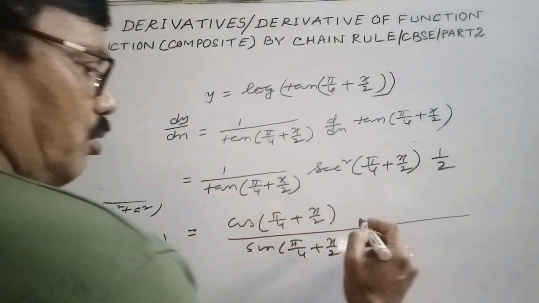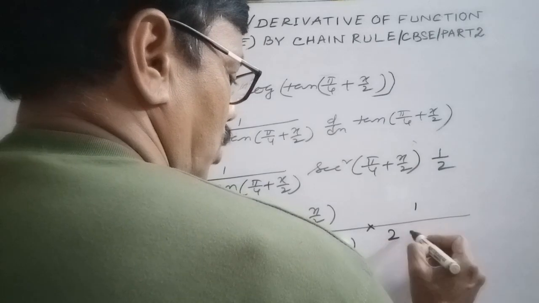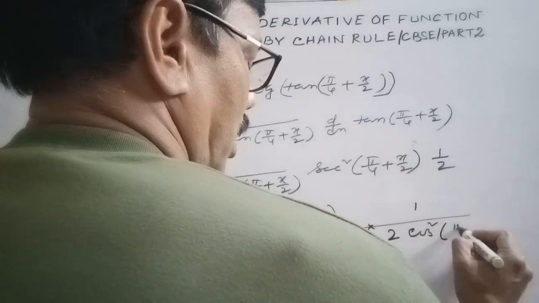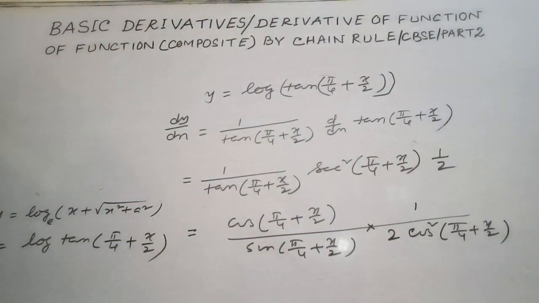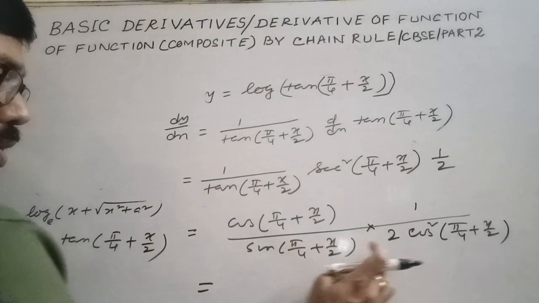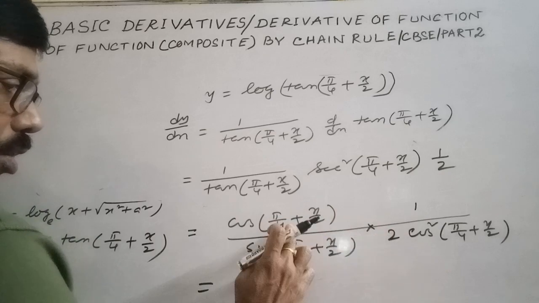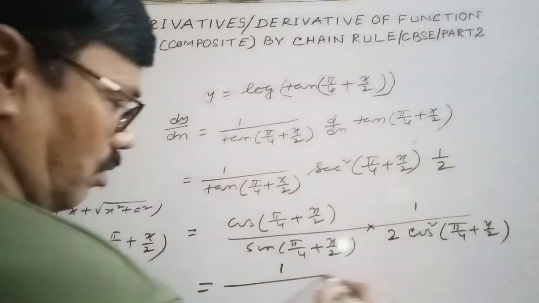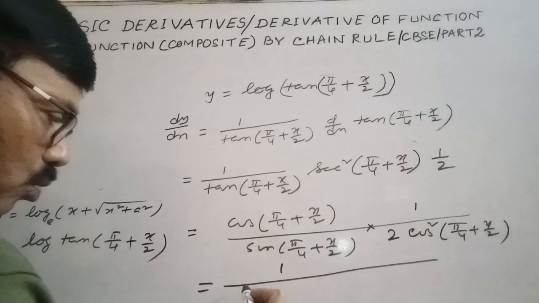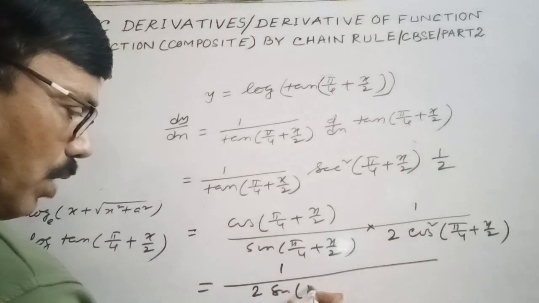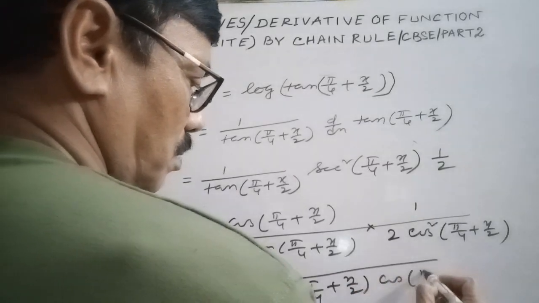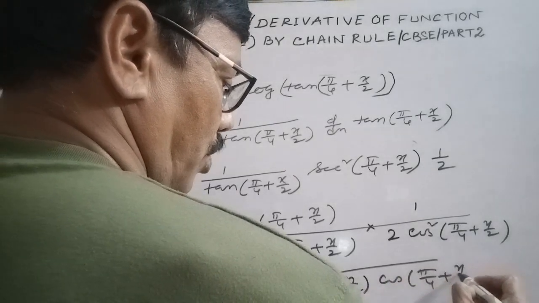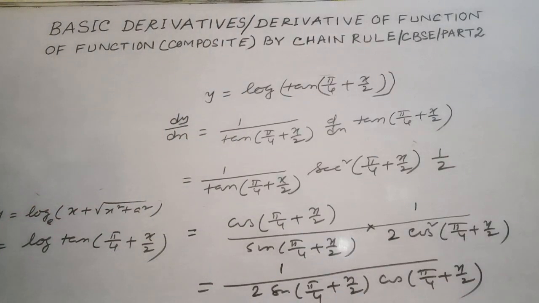So cos will be at the numerator and 1 by 2 into cos square pi by 4 plus x by 2. So 1 cos will be cancelled out. So finally what we are getting, 1 by 2 sine pi by 4 plus x by 2 into cos pi by 4 plus x by 2. So cancelling 1 cos.